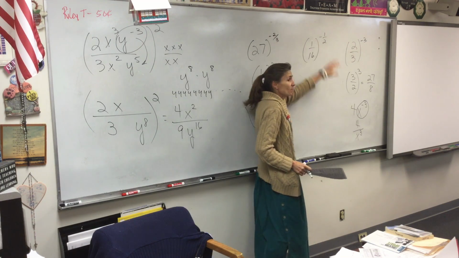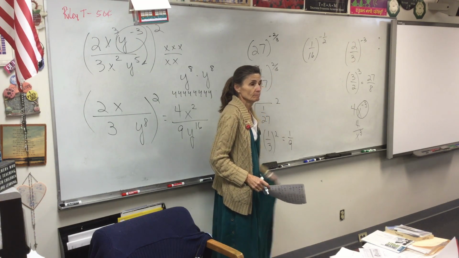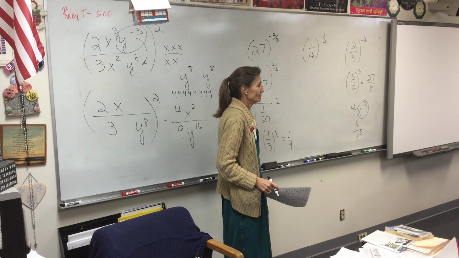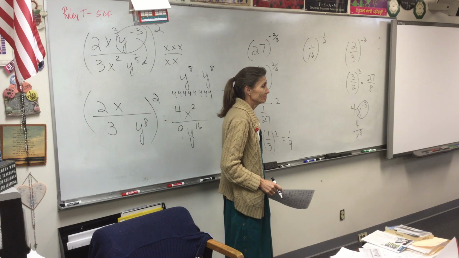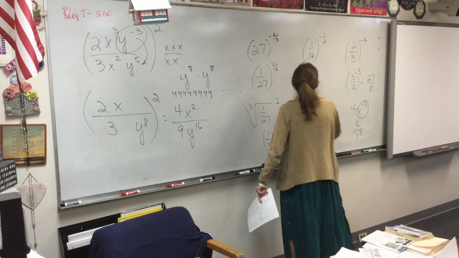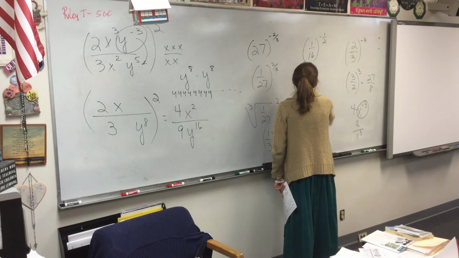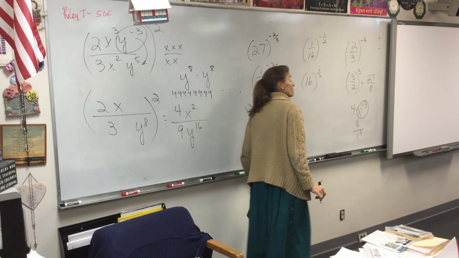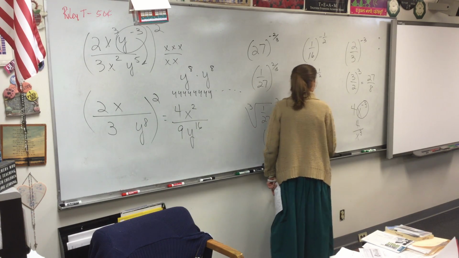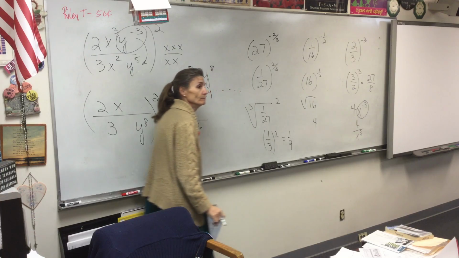Okay, what's a negative exponent do? Negative exponent, John? 16 to the 1/2. And what does the 1/2 mean? Square root of 16, so the answer is 4.